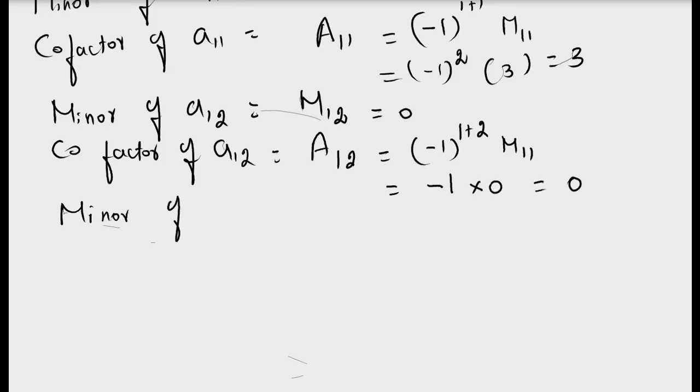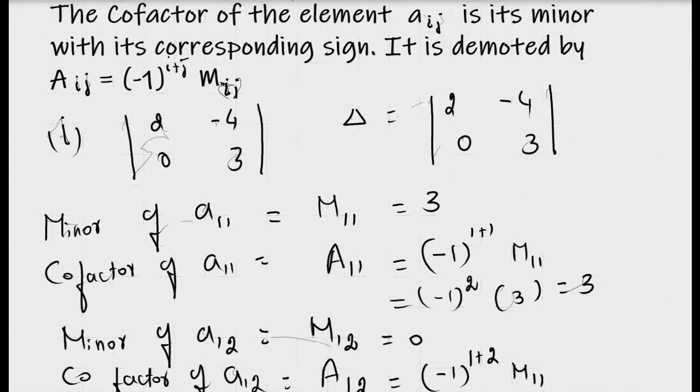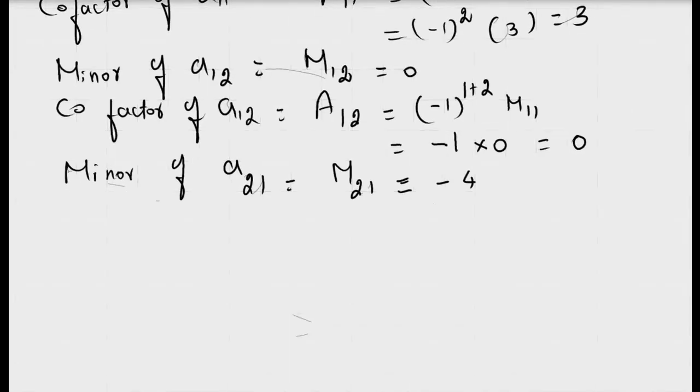Next, let us find the minor of a21, which is M21, which is equal to minus 4. As given by the definition, you are suppressing the values in the second row and the first column. So that gives you minus 4.